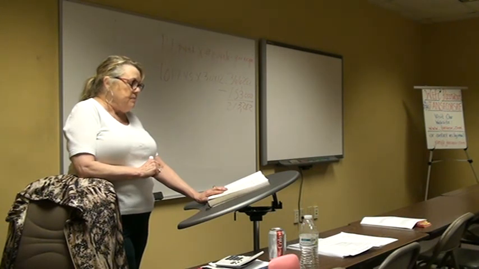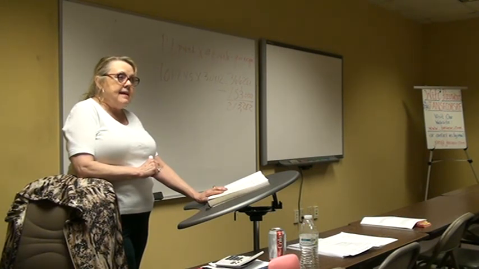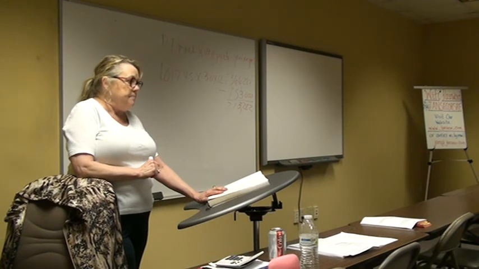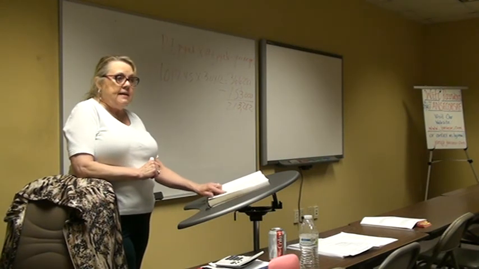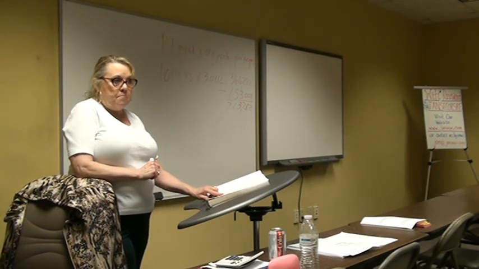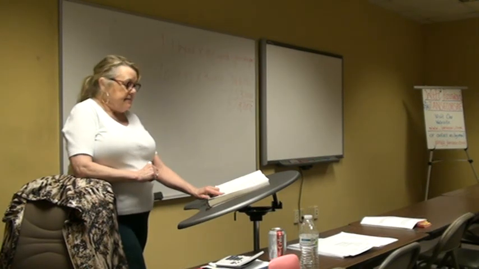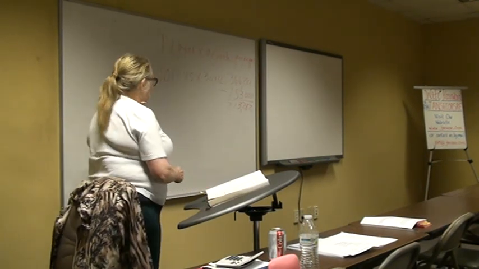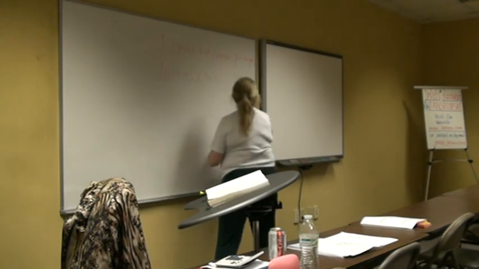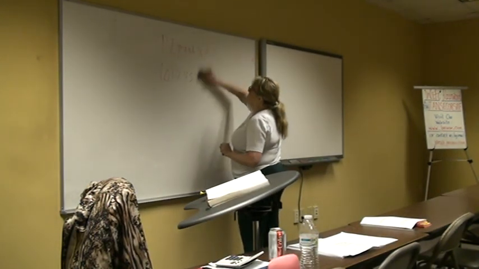It says assume the current outstanding balance is $70,000. Do you see that? I want you to read that math example. That's an example of amortizing the loan after each payment. Those are the steps, and I'll put it on the board.